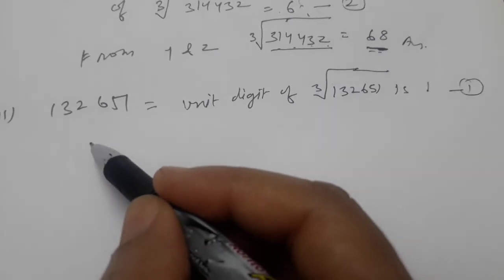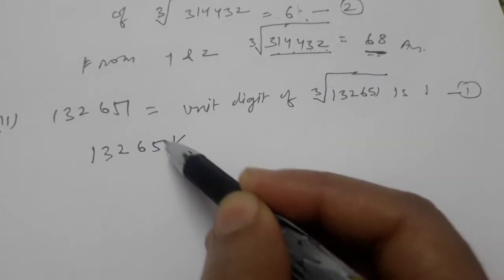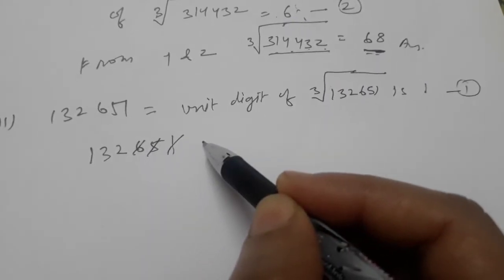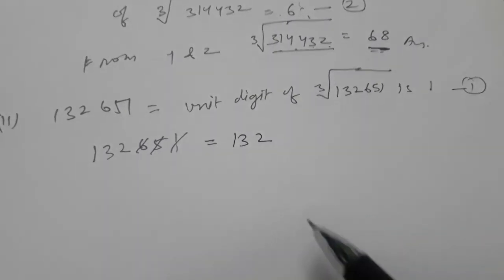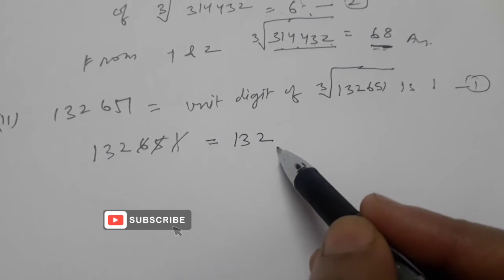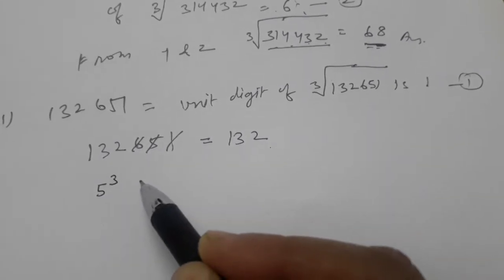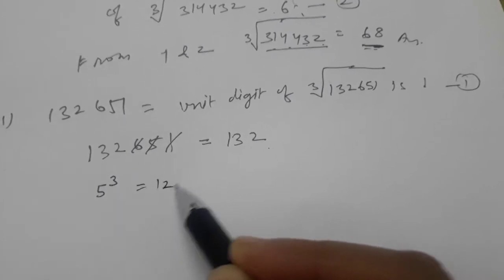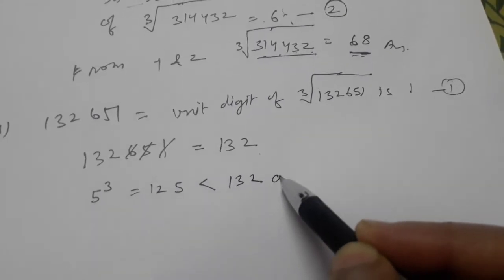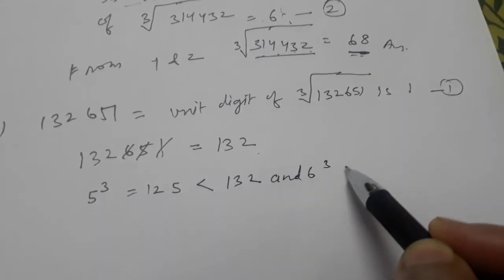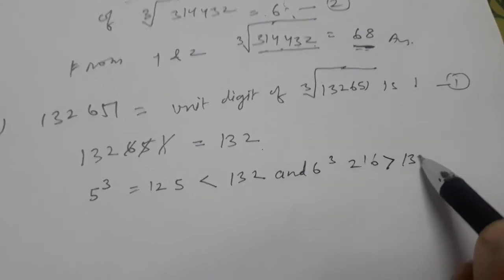Now striking out the last 3 digits from the right, we will be left with 132. So we will analyze this 132. 5 cube is 125, which is smaller than 132, whereas 6 cube, that is 216, is of course greater than 132.